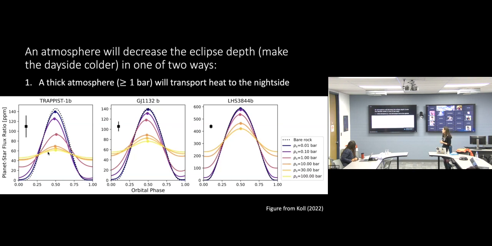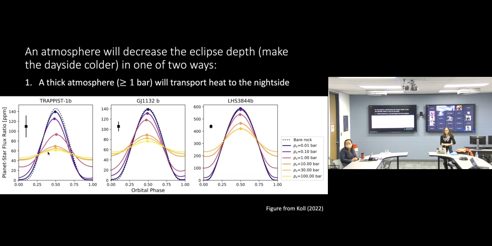My guess would be that the percentage difference from going from a bare rock to however much atmosphere is approximately the same, but a 1% difference on a body that's 1,000 degrees versus a 1% difference on a body that's 500 degrees is different in absolute ability to tell the temperatures apart. I'm not 100% sure if that's it, but basically TRAPPIST-1b is the coldest and LHS 3844b is the warmest, and that would be my guess. It has something to do with that. Thanks.